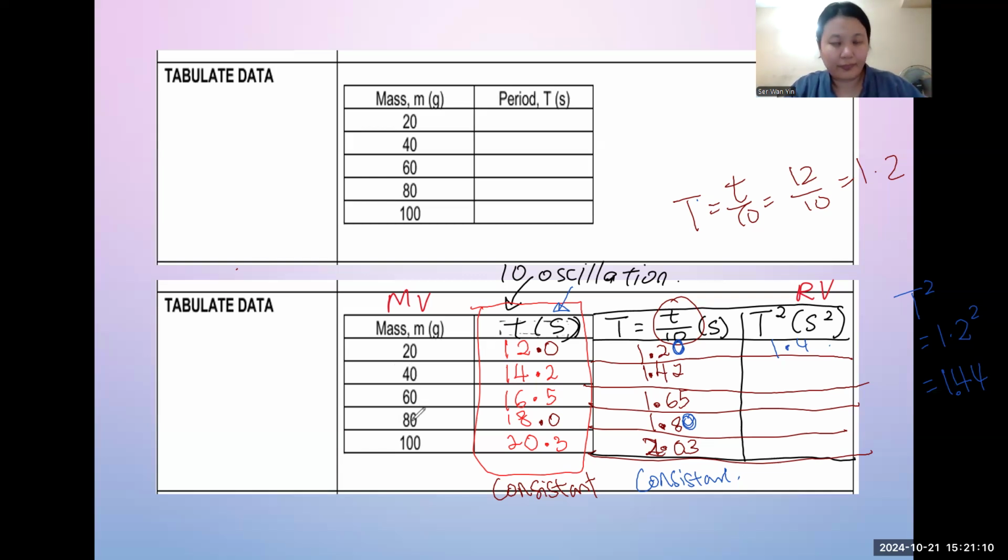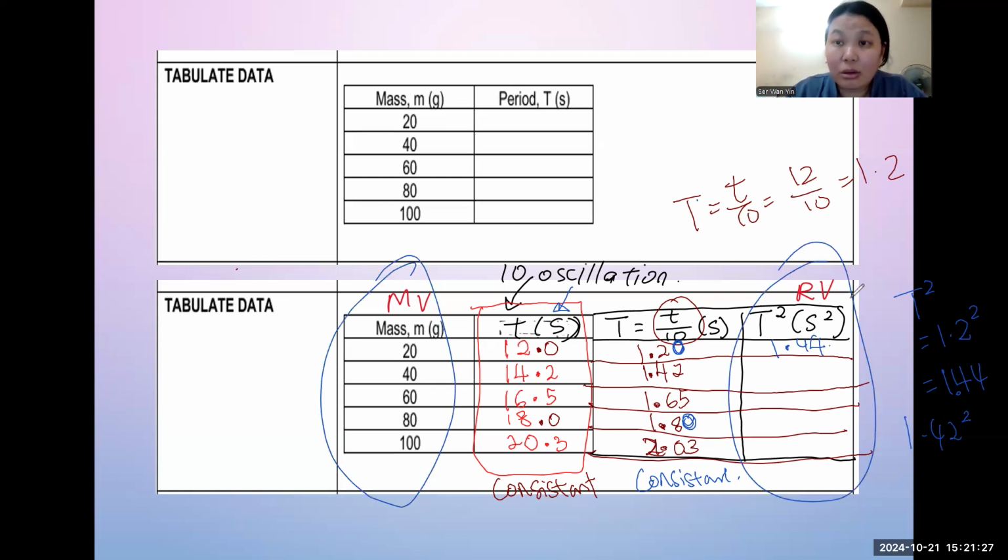So this one is 1.42 squared lah. Here you want to leave 1 decimal, 2 decimal, 3 decimal, can lah. But if this is your MV and this is your RV, then I encourage you maybe get 2 only lah.